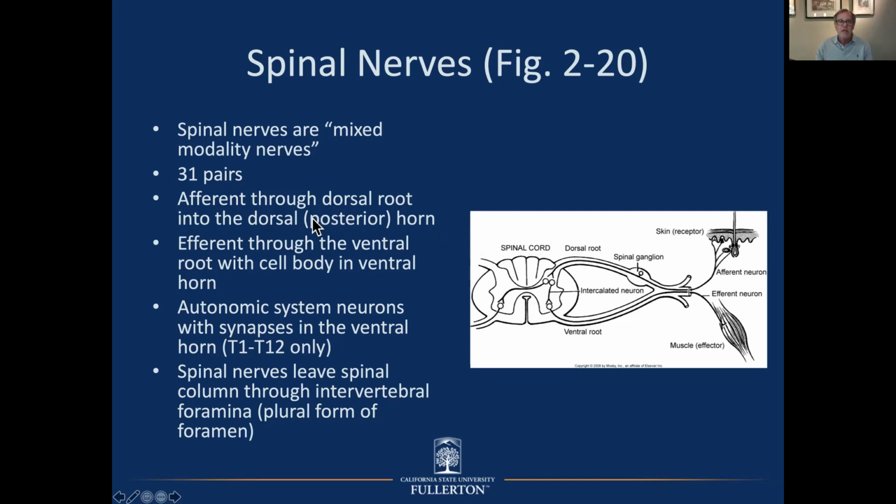And so that's what this third bullet is getting into, is afferent through the dorsal root and into the dorsal or posterior horn. And you see here some schematic synapses occurring. Efferent neurons go through the ventral root, and they have their cell body located in the ventral horn.